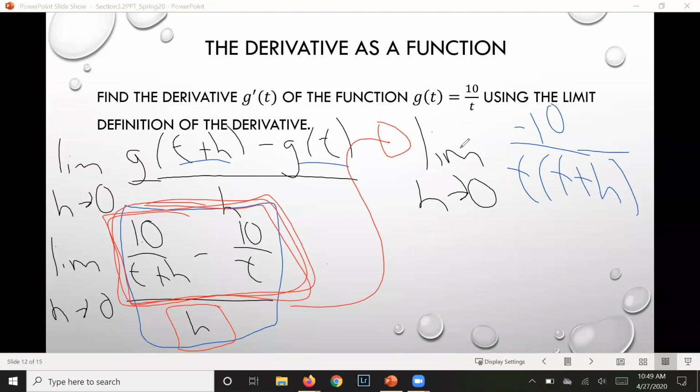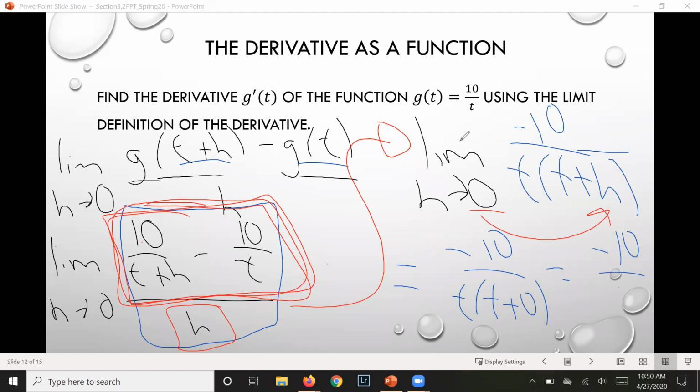And notice here now, we can actually input 0 in for h. That's in the domain of this function now, so to find our limit, we get negative 10 over t times t plus 0, which is just negative 10 over t squared.